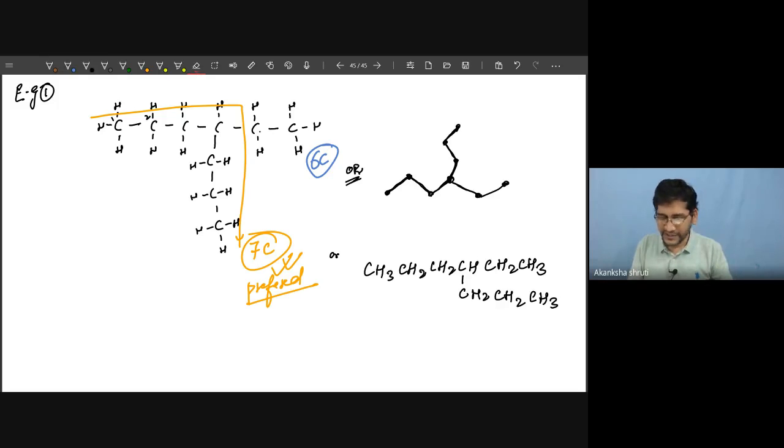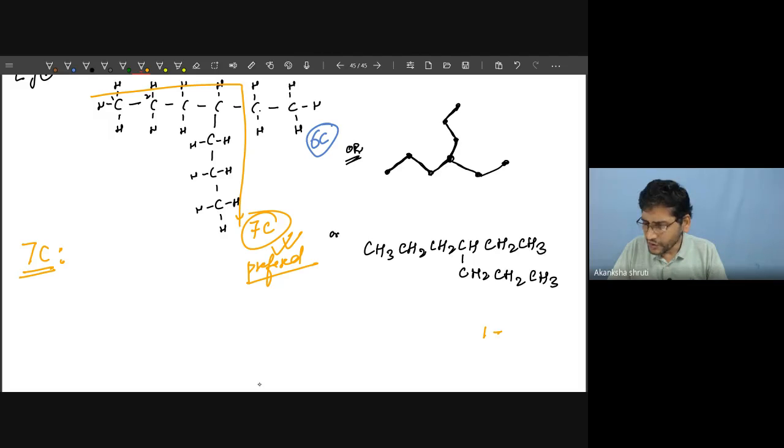Now, after this, here we have the 7 carbon chain. Students, you just write this as 7 carbon. So in chemistry, how is 7 carbon counted?